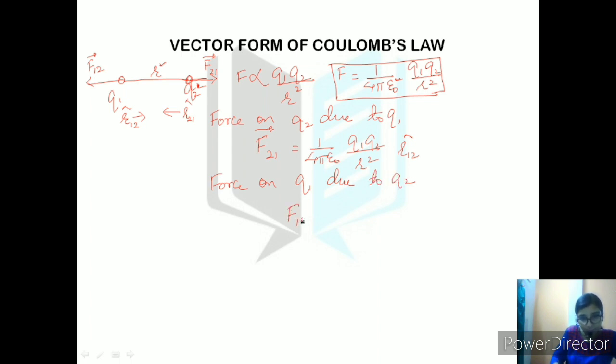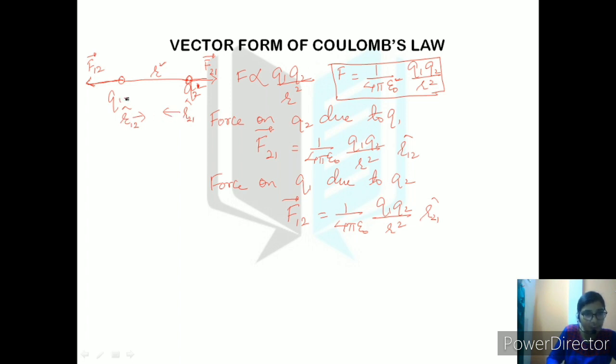So the force of repulsion on Q1 due to Q2, what is it? The magnitude will be the same in both cases, Q1 Q2 by R square. And what is the direction here? It will be repelled in this direction, that is the force is from 2 to 1, R21 cap. Now see, these two are unit vectors, but they are opposite to each other.